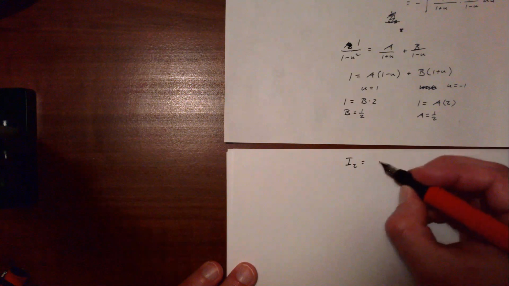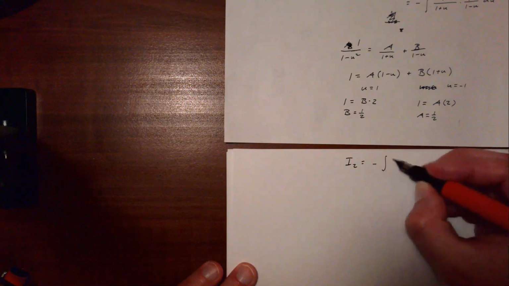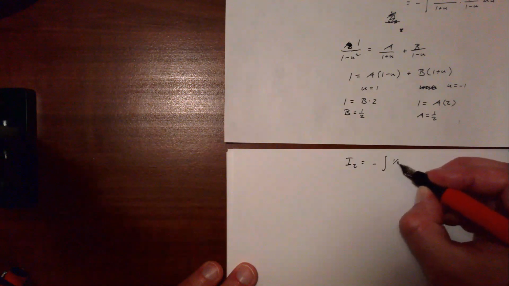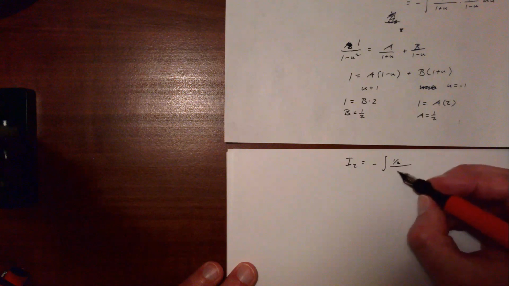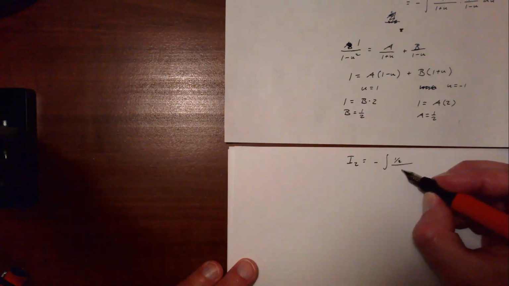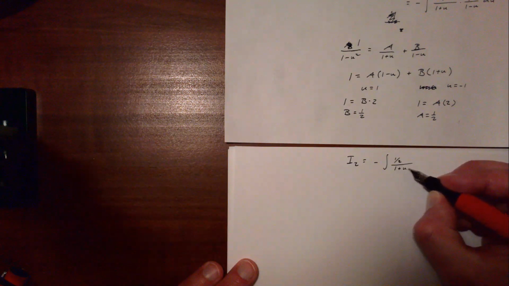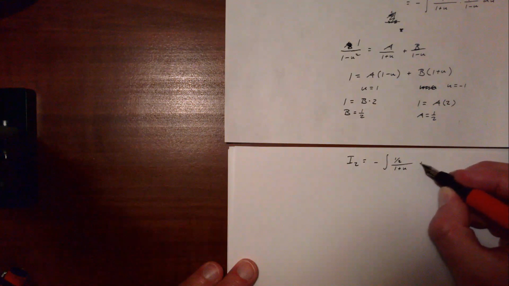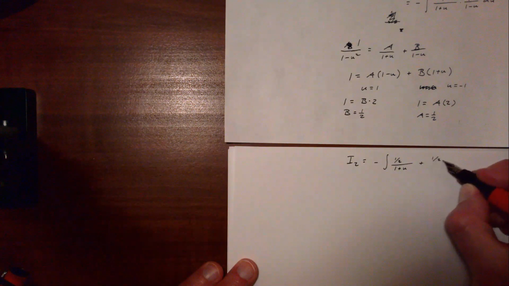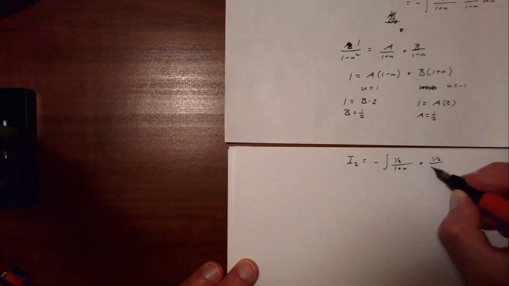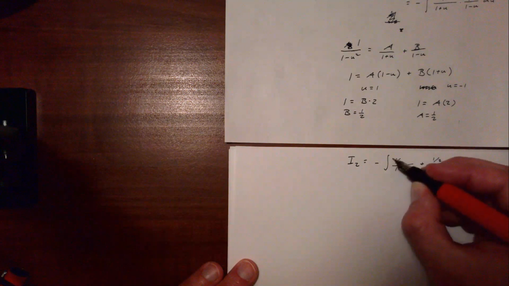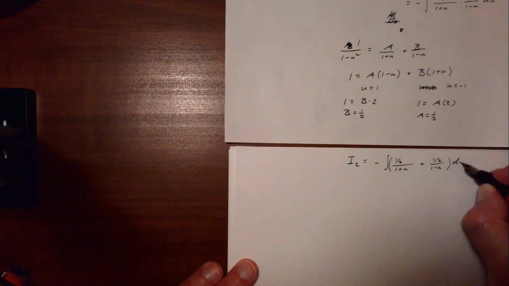I2 is equal to negative integral of 1/2 over 1 plus u, plus 1/2 over 1 minus u, du. The one that's over 1 plus u is what I called a, but it doesn't really matter.